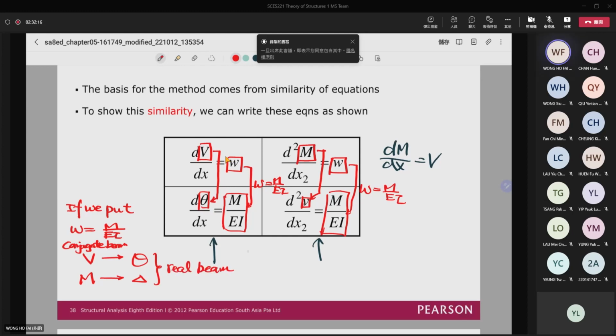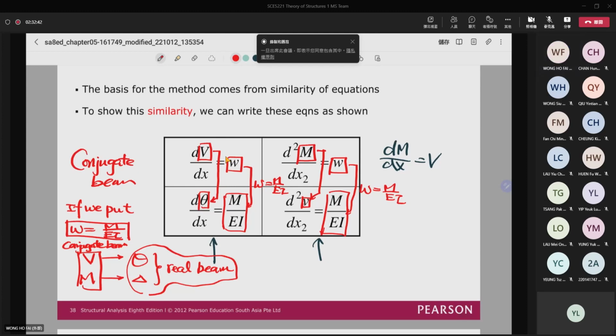That means if I want to find the rotation and the deflection of the real beam, then I need a conjugate beam here. For this, I put the loading equal to M over EI, then the shear and the moment will be equal to the slope and the deflection of the real beam. So this one actually is quite interesting.